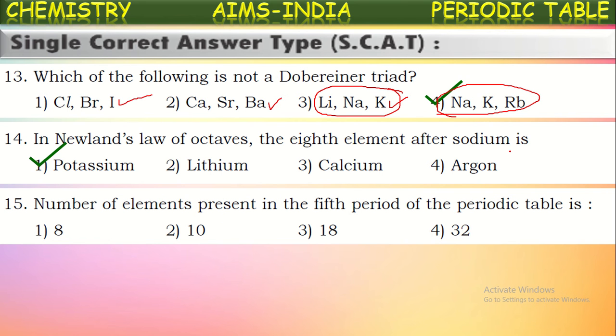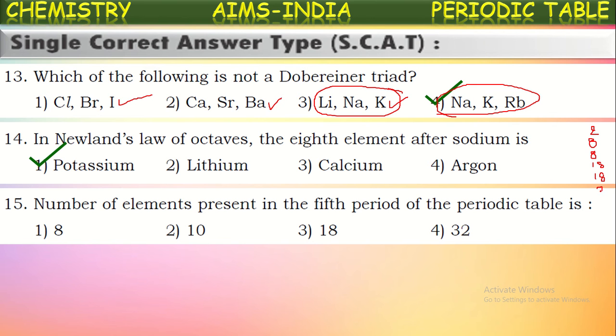Okay, now next question. The number of elements present in the fifth period of the periodic table is... We know the first period contains only two elements. The second and third periods contain eight elements each. Then the fourth and fifth periods have 18 elements each.